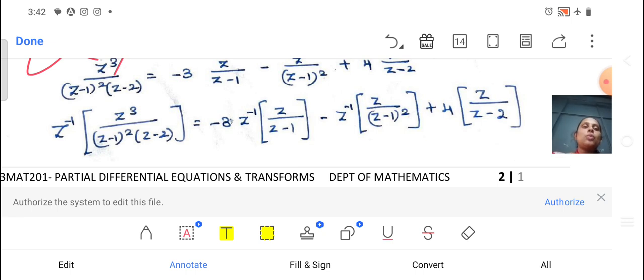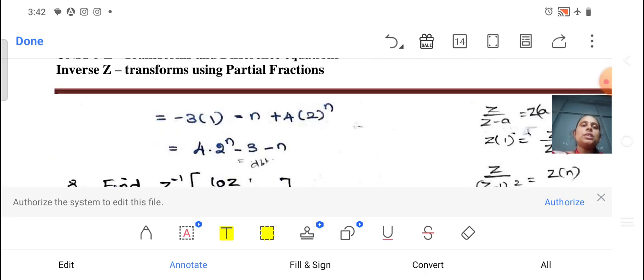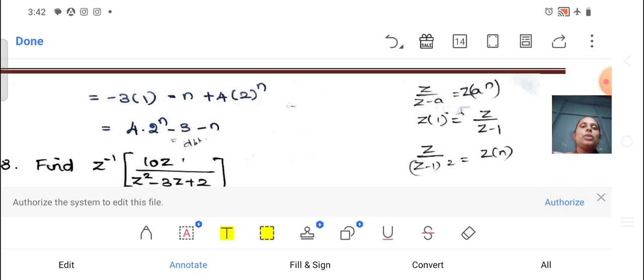So the answer is 1 to the power n, minus n, plus 4 into 2 to the power n. The final answer is 4 into 2 to the power n minus 3 minus n.